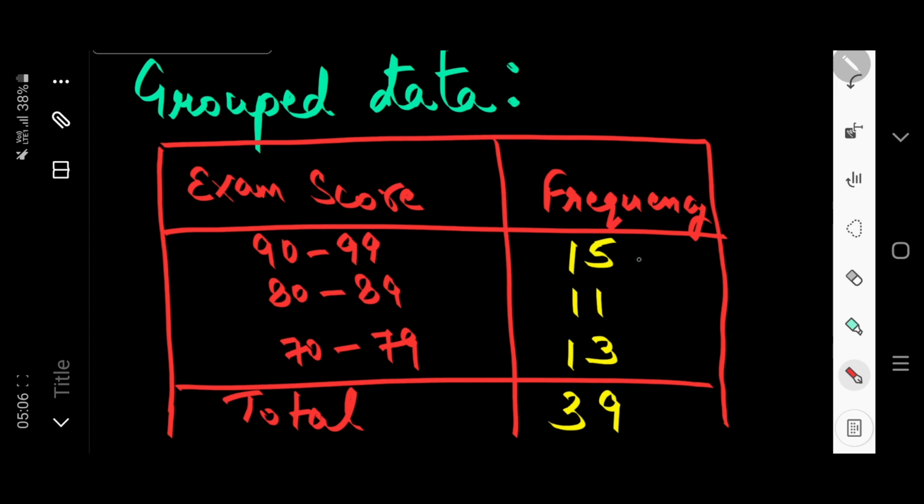So we can say that there are 15 students who scored between 90 and 99. Then 11 students scored between 80 and 89. Then 13 students scored between 70 and 79. So these are the exam scores, and these are given in intervals, or we can say in classes. So this is the grouped data with frequency.